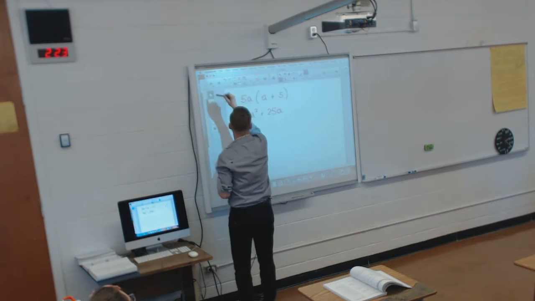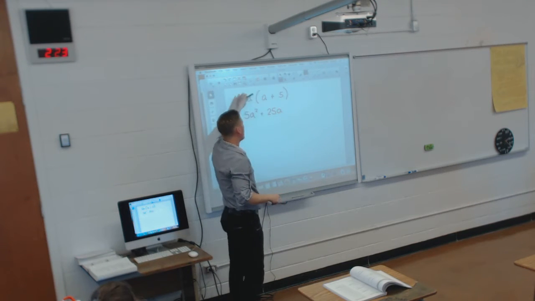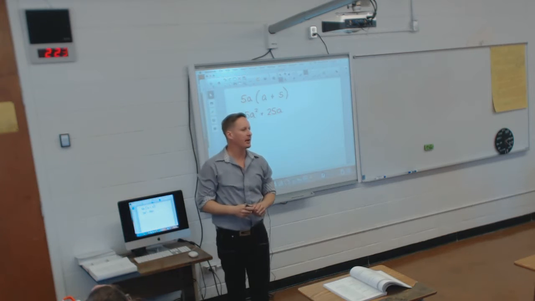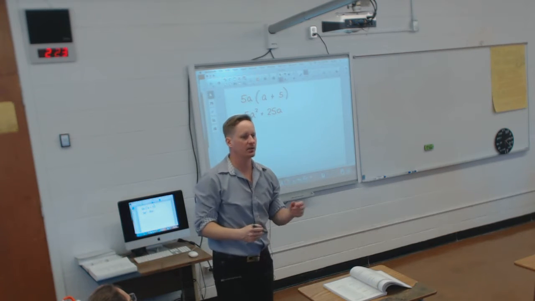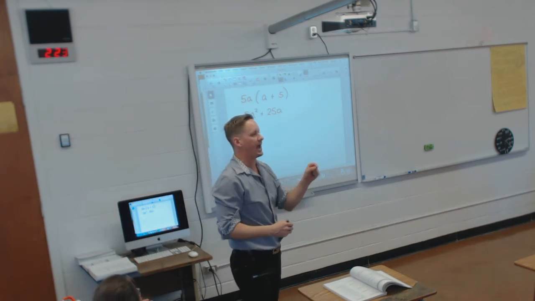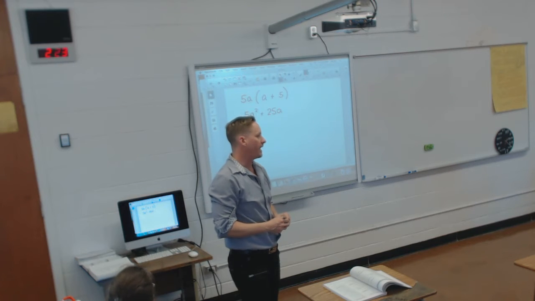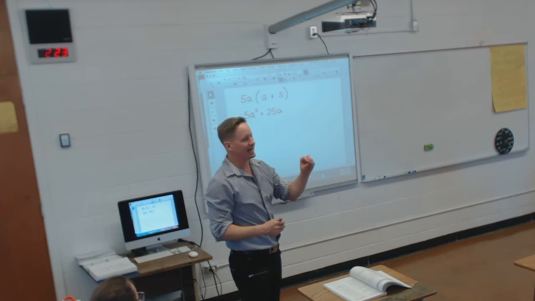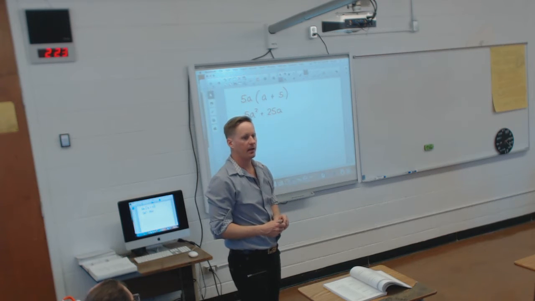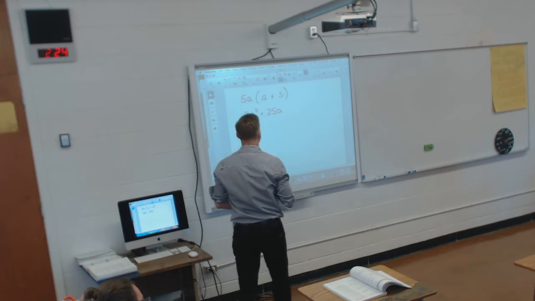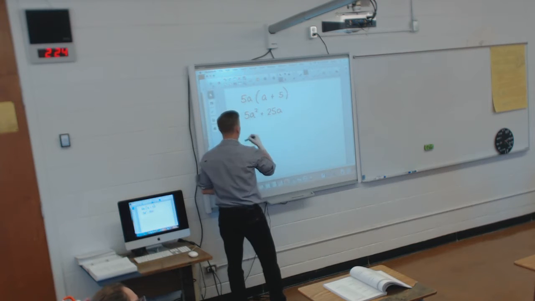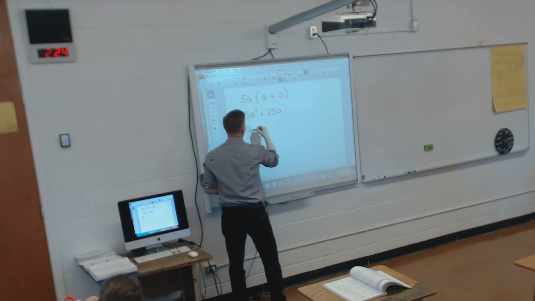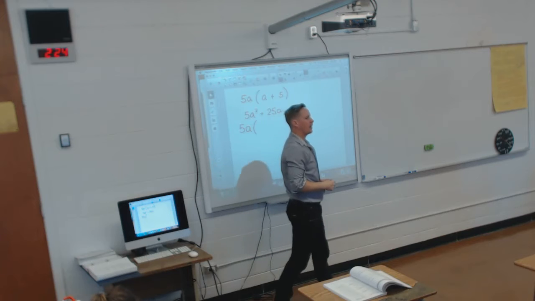So when I go back to this guy, I want to work it backwards. So I start by looking at 5 and 25. What's the largest value that goes into 5 and into 25? 5 does. What's the largest value that goes into a squared and into a? A. So I'm going to take a 5a out of here. And when I say take it out of here, I mean divide it out.